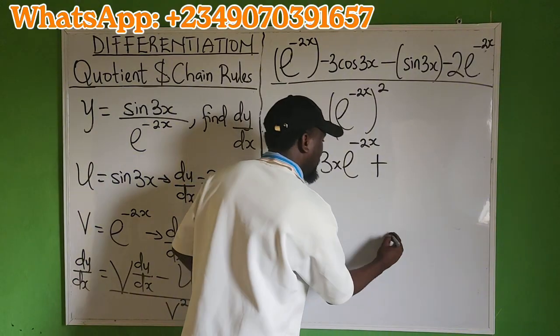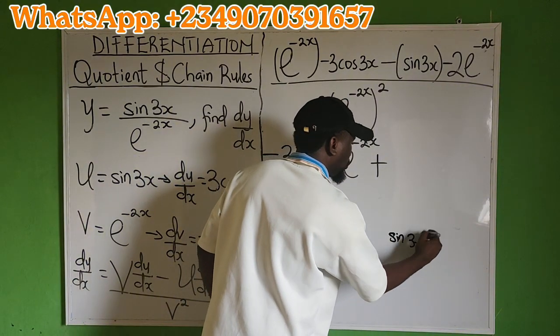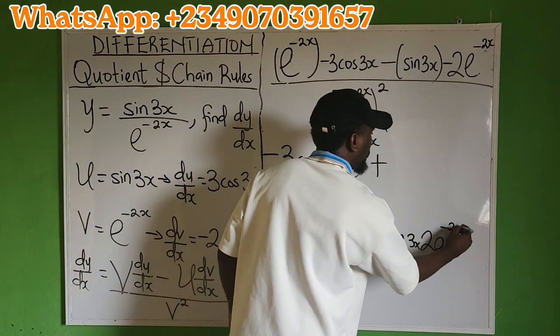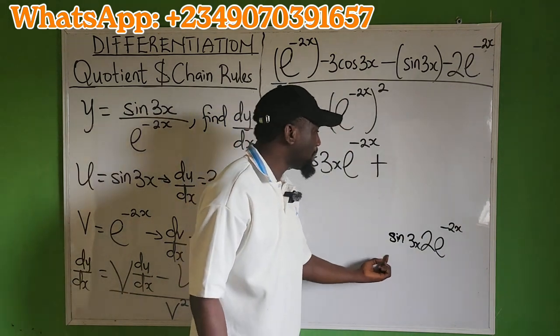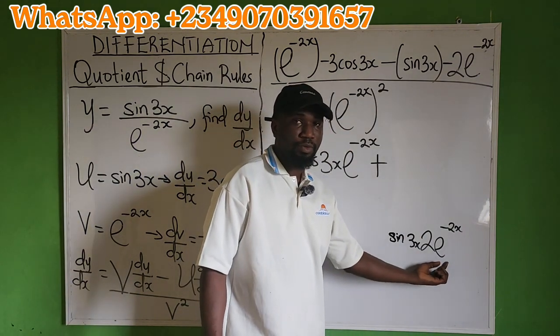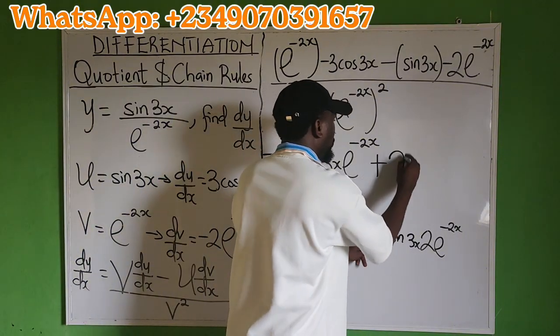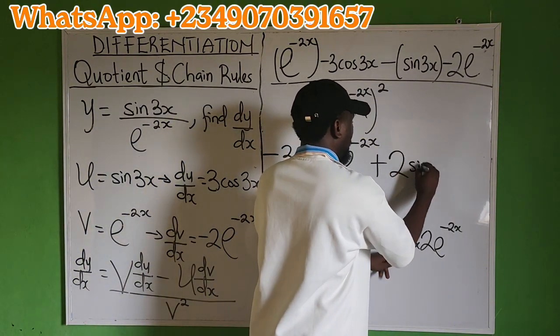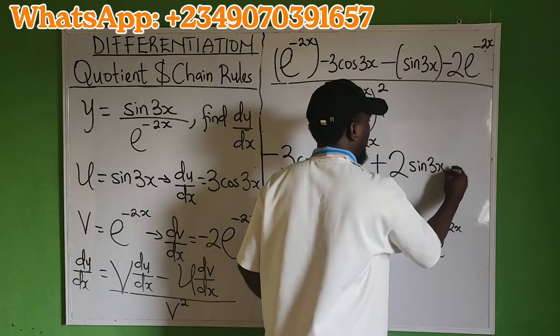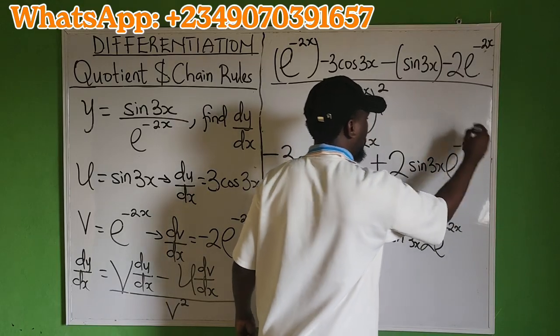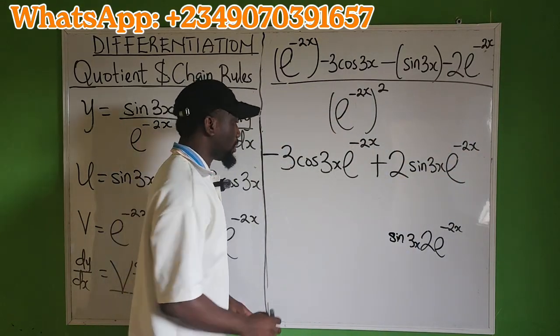So we are meant to have sine 3x 2 exponential negative 2x. But we can't have it written this way. What are you going to do? This 2, let it come here. So I'm going to have 2, then sine 3x exponential negative 2x. Do you get it? All right.